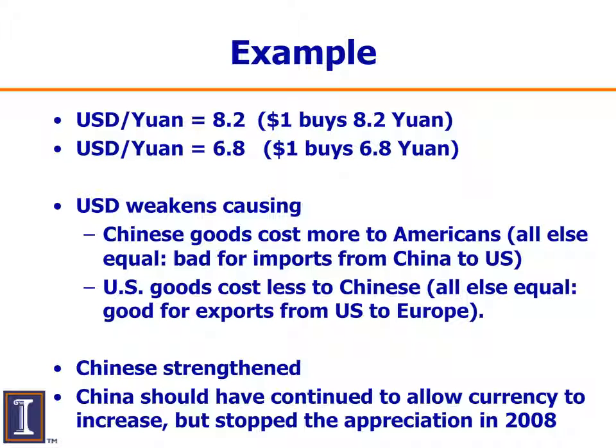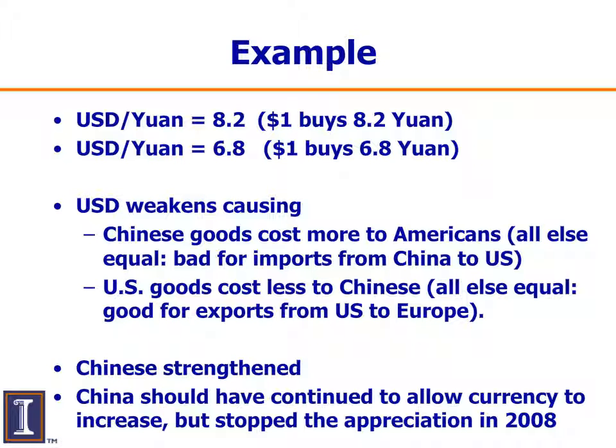Overall, though, in this example, and this is the fourth bullet point there, the Chinese currency did strengthen, and the concern was that they stopped allowing it to strengthen. There were economists and others in the United States who believe that the Chinese currency is undervalued, and China should continue to allow its currency to increase.